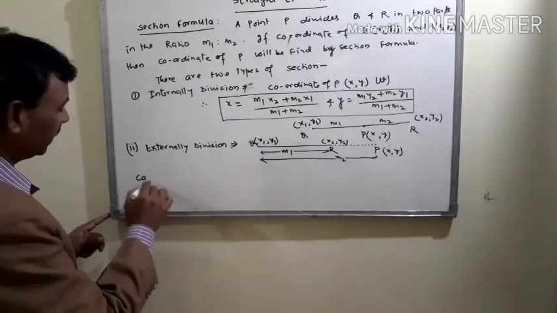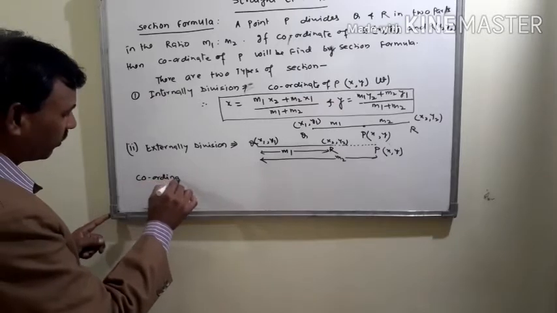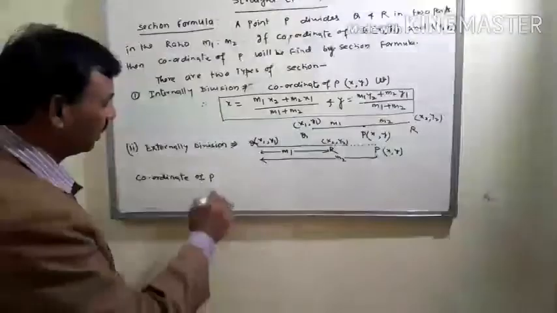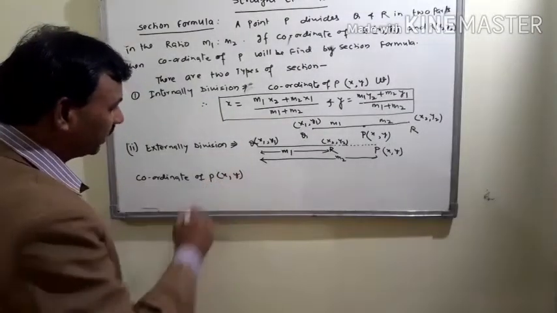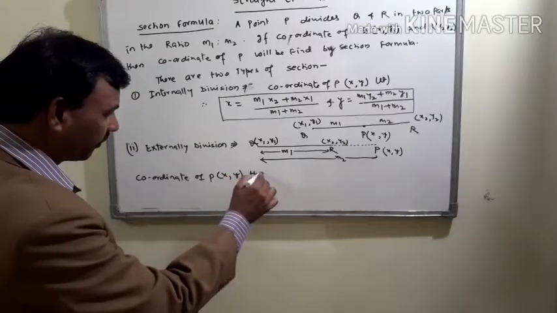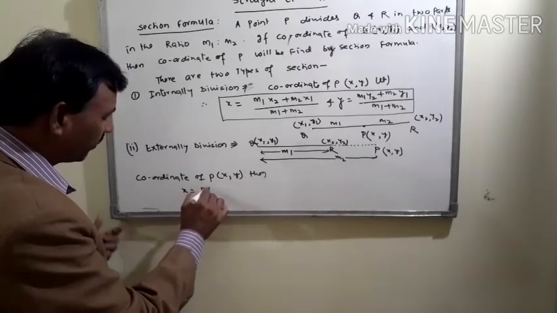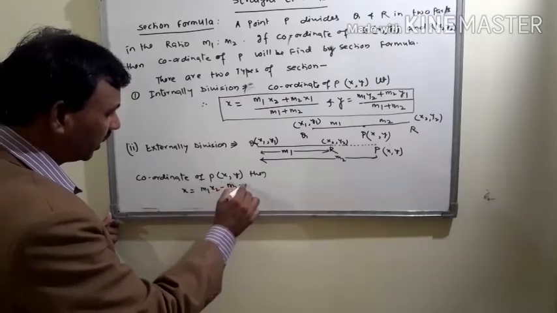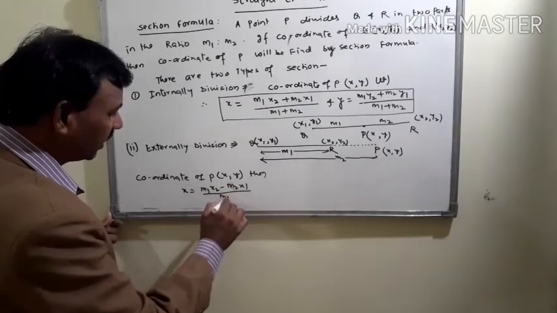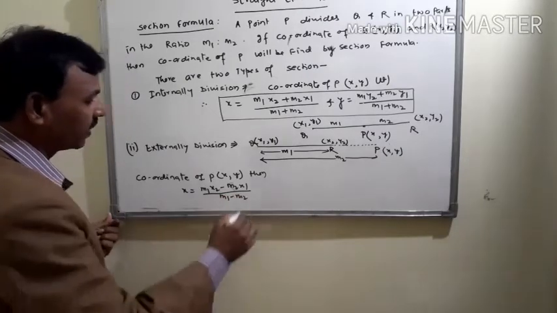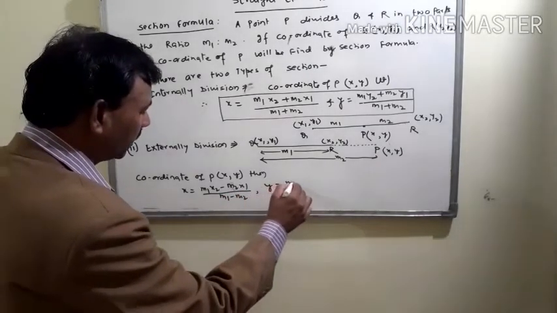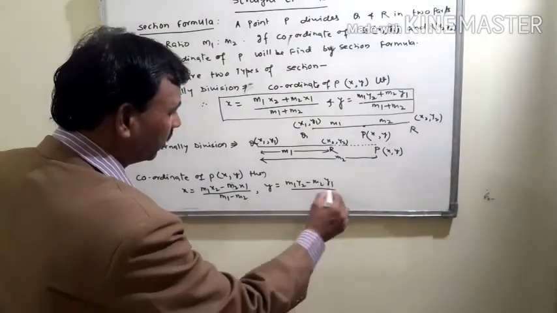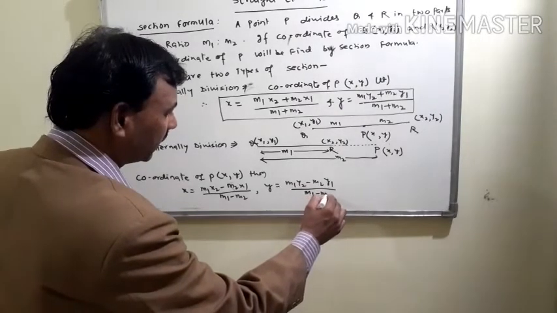coordinate of P in the externally division of (x, y), then x equal to (m1 x2 minus m2 x1) whole upon (m1 minus m2), and y equal to (m1 y2 minus m2 y1) whole upon (m1 minus m2).